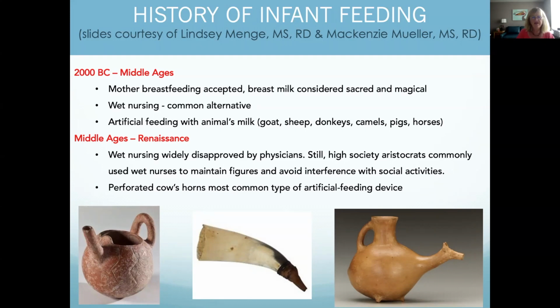Then physicians didn't like wet nursing anymore, and they just wanted women to breastfeed their kids. But rich people oftentimes still had somebody be a wet nurse for their infants so they would not be tied down so much.